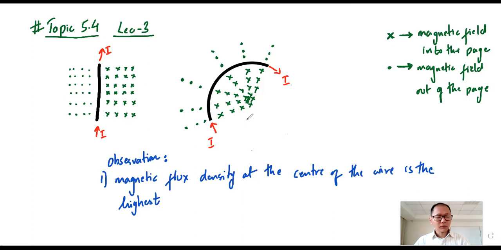Now, let's look at the formula or how to calculate the magnetic flux at the center. Let me again say our aim here is to find the magnetic flux at the center.